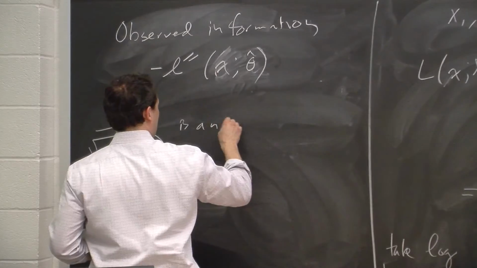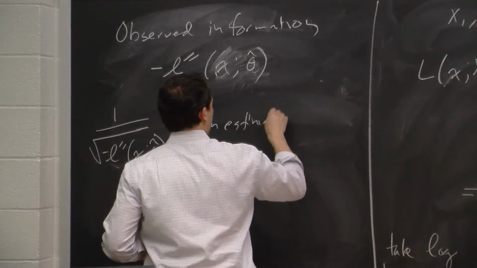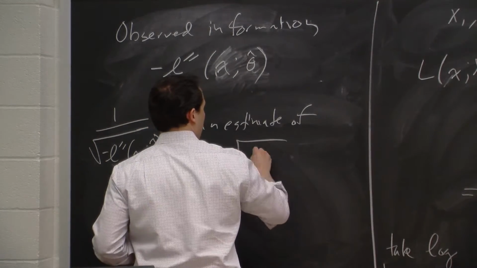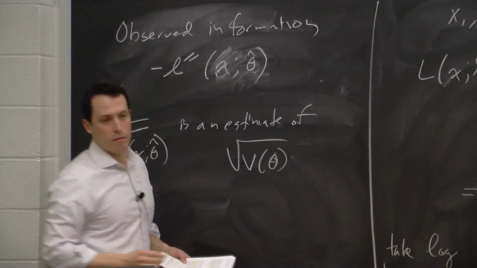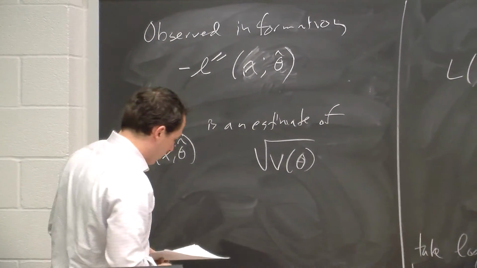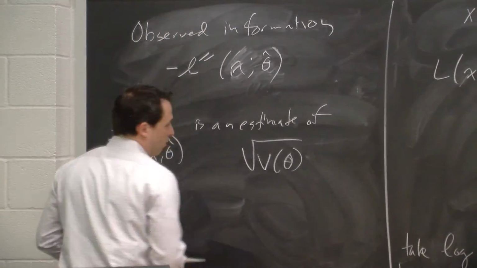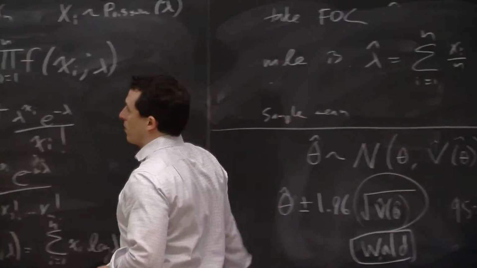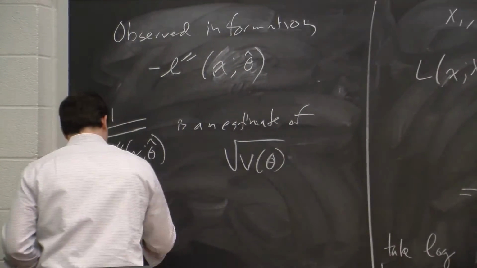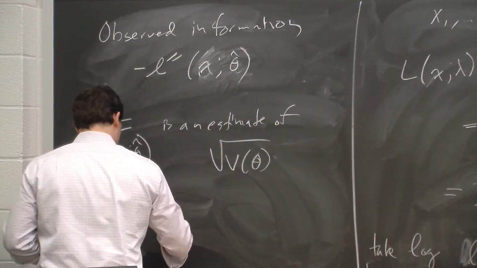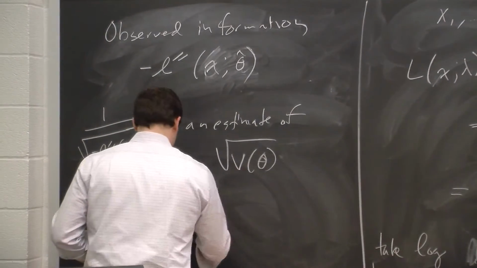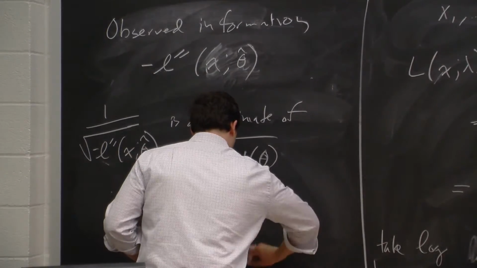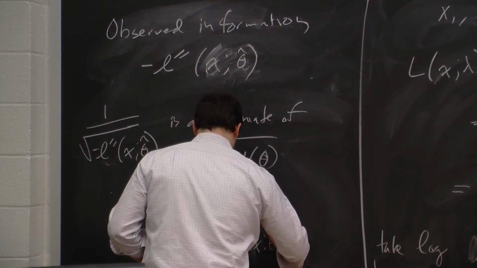It is an estimate of the square root of the variance of your maximum likelihood estimator. So that gives you another interval. You just replace this square root here with this quantity, and you get theta hat plus or minus 1.96 times 1 over the square root of minus L prime prime of x, theta hat.